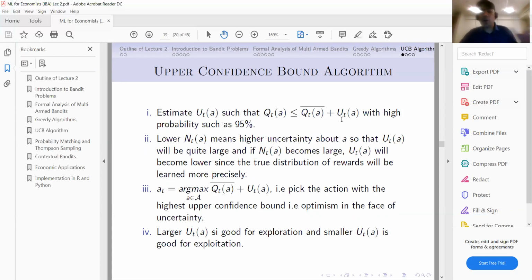We'll construct a confidence interval which will tell us that with probability 95%, Q_t(a) is going to be bounded above by Q bar_t(a) plus U_t(a). It's not going to go above this. It's bounded above by this with probability 95%. With 5% probability, it could be above that. But we can never know things with 100% probability. Now notice that, remember, N_t(a) was nothing but the number of times that you tried action a up till this point, right? So lower N_t(a) means there's higher uncertainty, right?